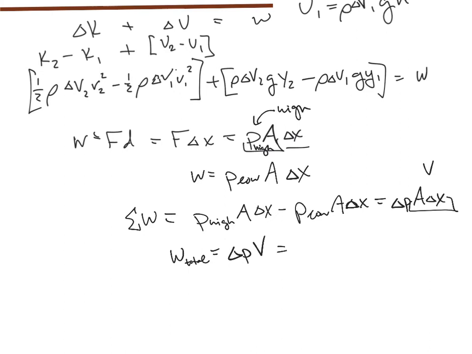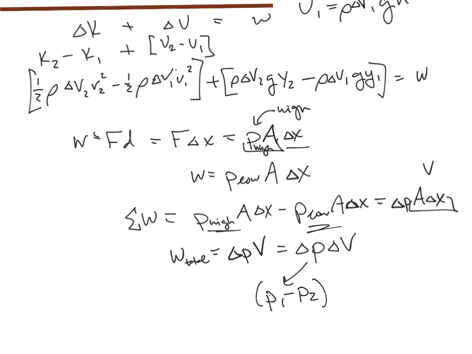Or well, really that's change in pressure times change in volume, where change in pressure is P1 minus P2, because we're going from high where we started at 1 to low where we ended, which is 2.